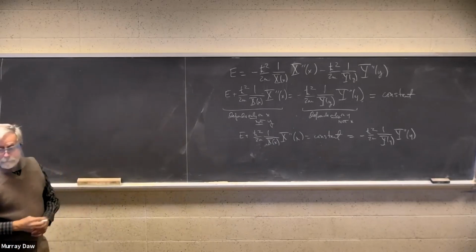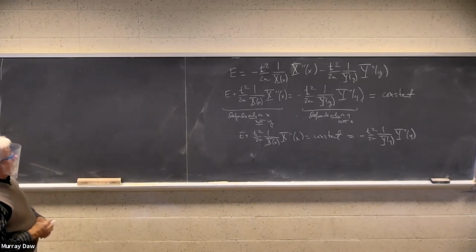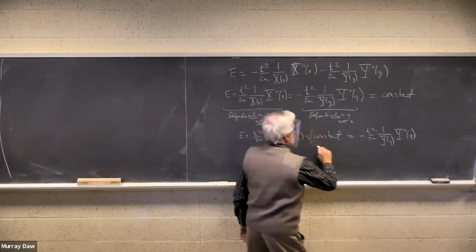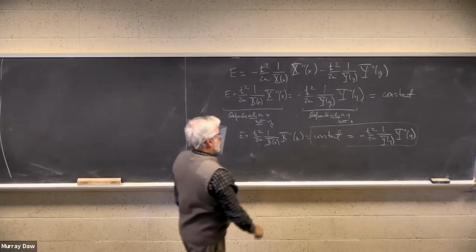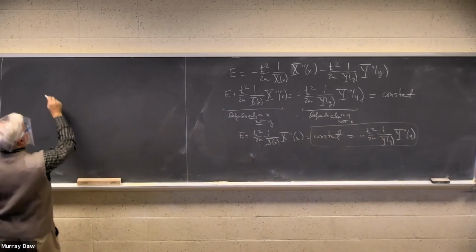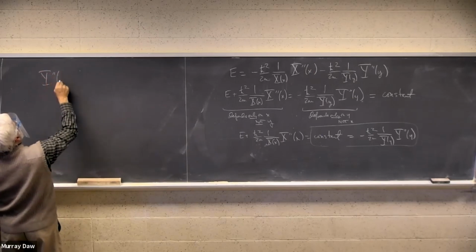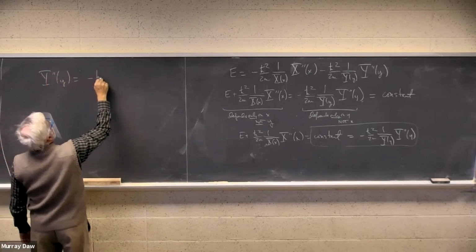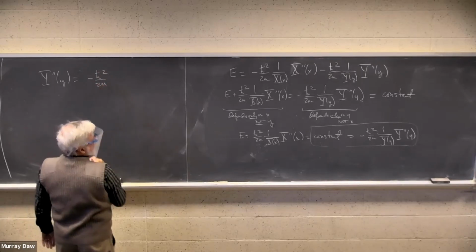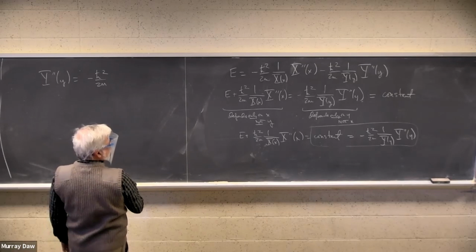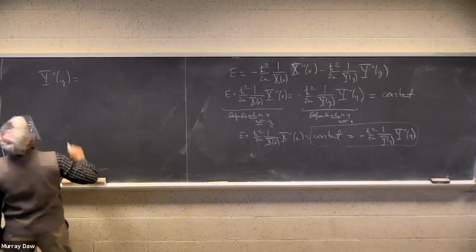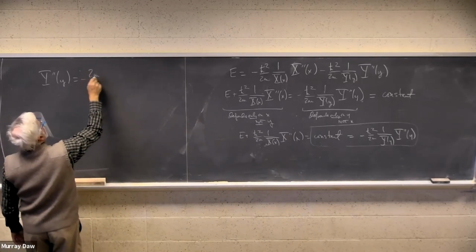Okay, so let's see how it goes. It's going to be easier to start with this one. We have 2. Let's start with this one. And we'll multiply by X over Y. Minus 2m over h bar squared.